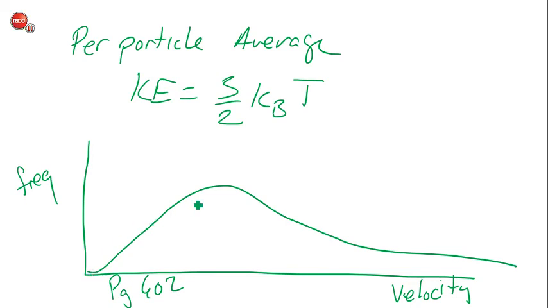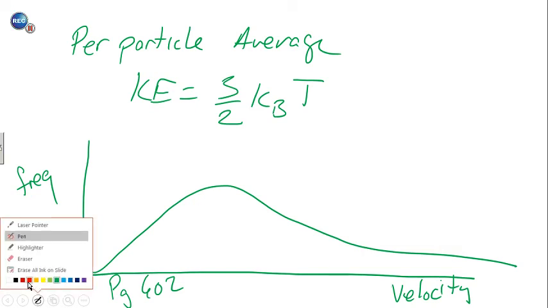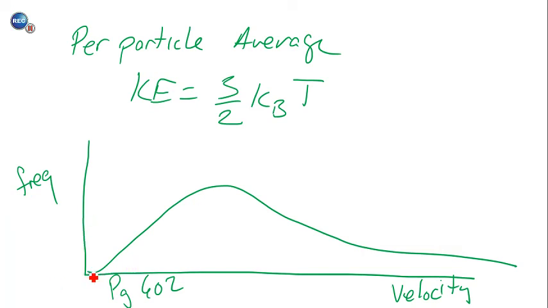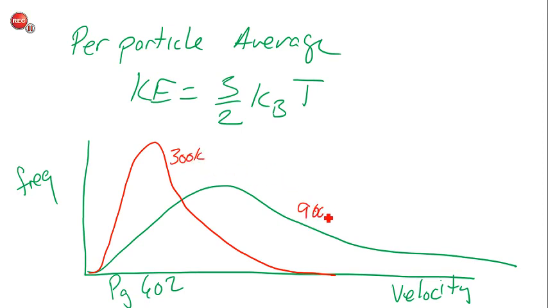But this is not a nice bell curve. It has a long tail towards high velocity. And the other thing that you have here is, let's put in red here, a higher temperature has a different shape. So I need to be careful of this. This is 300 Kelvin. This is, say, 900 Kelvin. The higher temperature has a flatter shape.